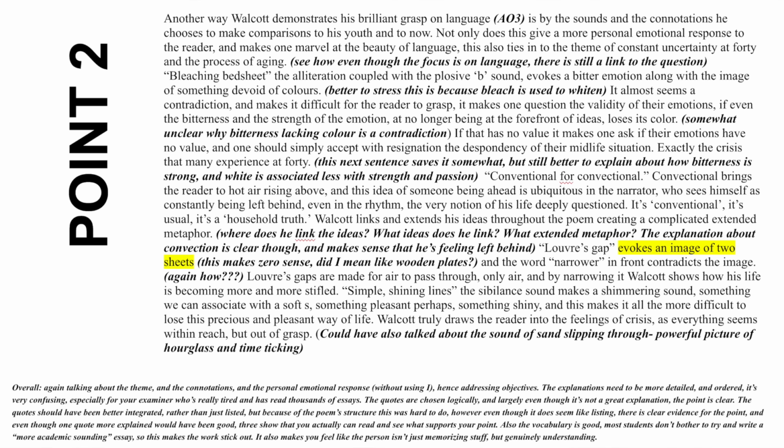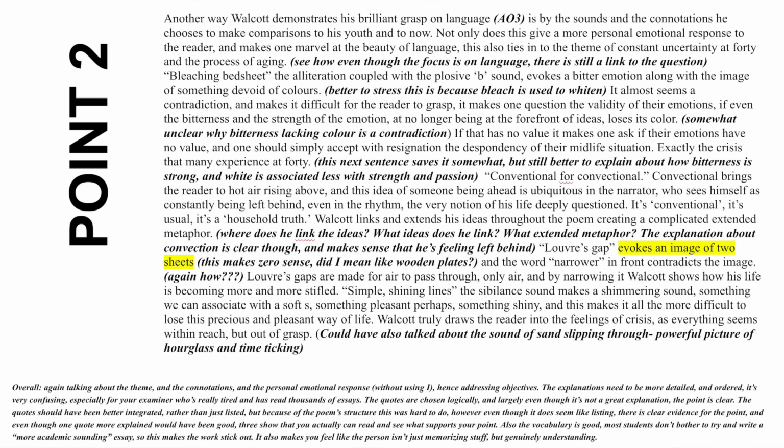It makes one question the validity of their emotions. If even the bitterness and the strength of the emotion at no longer being at the forefront of ideas loses its color. If that has no value, it makes one ask if their emotions have no value, and one should simply accept with resignation the despondent situation of their midlife crisis, exactly the crisis that many experience at 40.